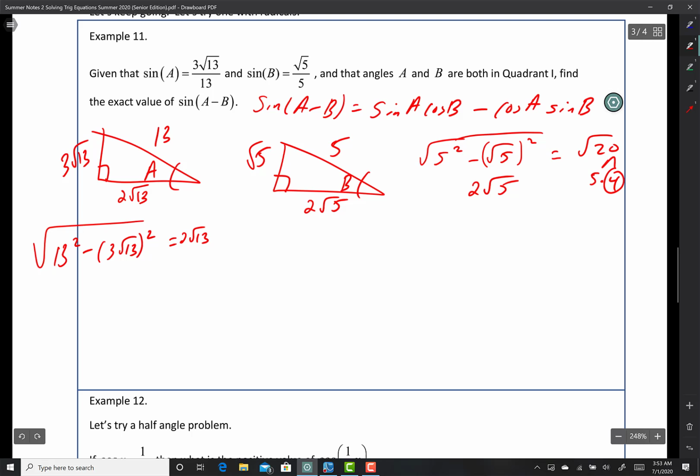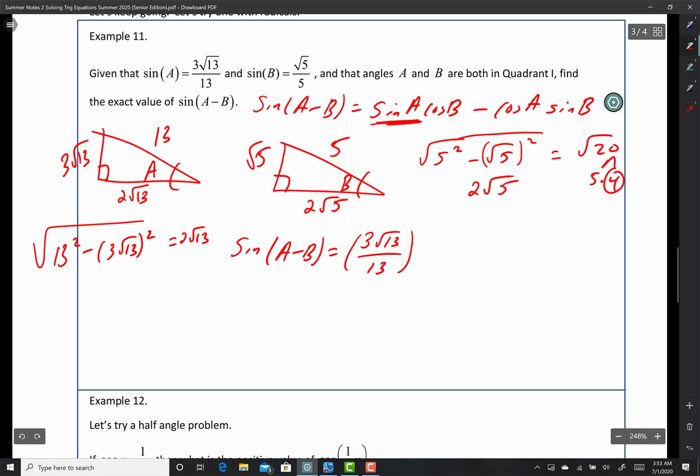All right, I think we're good now. So sine of A minus B is equal to sine A. Well, here's A. Sine A is 2 square root of 13 over 13. And then cosine B, so here's B. Oh, I made a mistake there, huh? Sorry, guys. Erase that 2, put a 3.